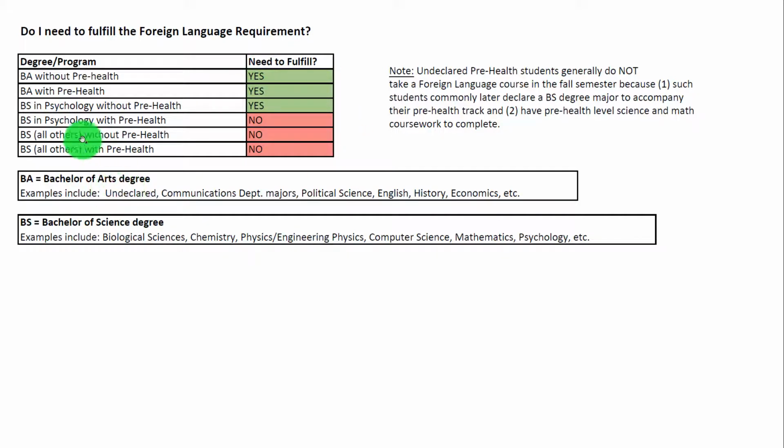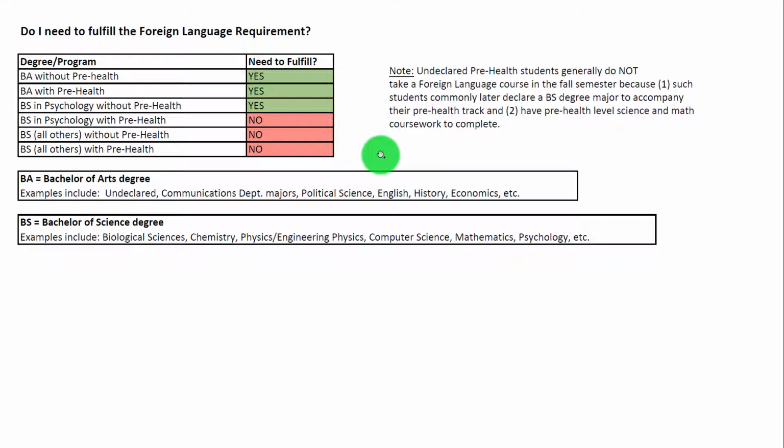The same goes for Bachelor of Arts degree students who are pre-health. You'll notice if you're coming in undeclared and pre-health, you will generally not take a foreign language course in the fall semester, even though technically if you did declare a Bachelor of Arts degree and remained pre-health, you would be subject to the requirement. There's two reasons for this.